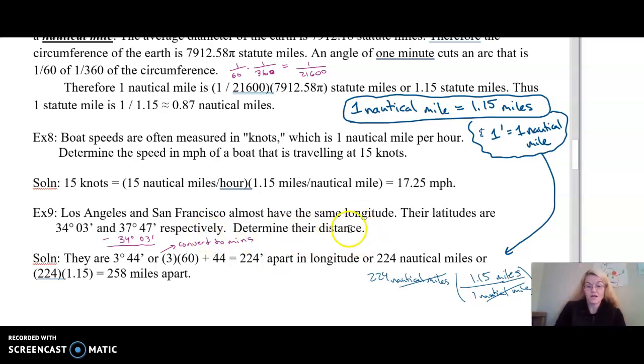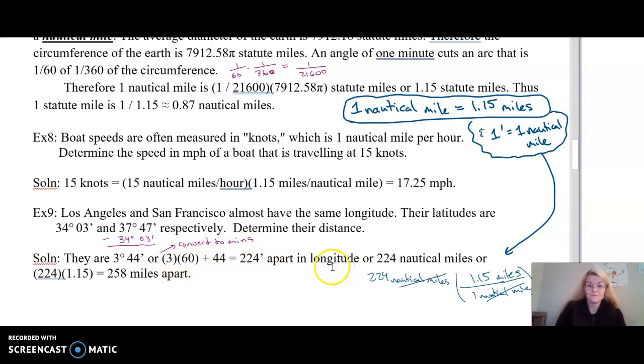So determine their distance, right? Assuming that their longitude is close enough that we can just ignore it, what's the distance in terms of their latitudes? Well, if we subtract them, they are 3 degrees and 44 minutes apart in latitude. If I convert this to minutes, 3 degrees times 60 minutes per degree, they're 224 minutes apart.